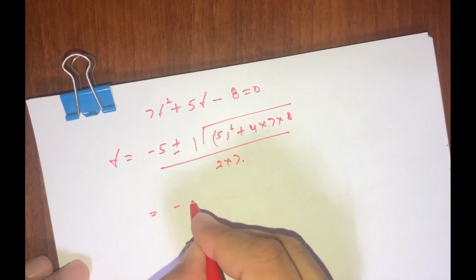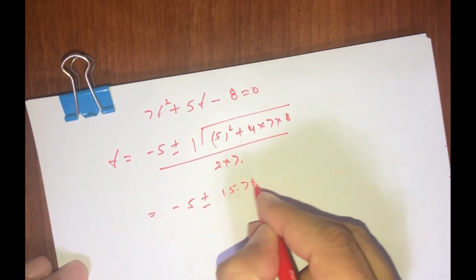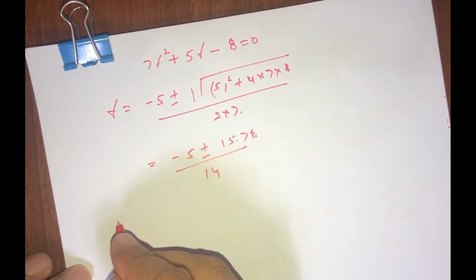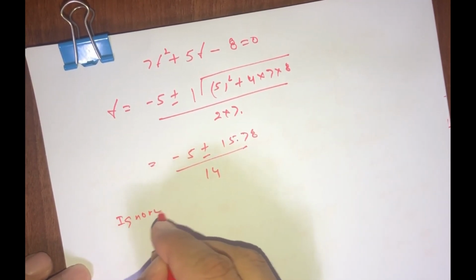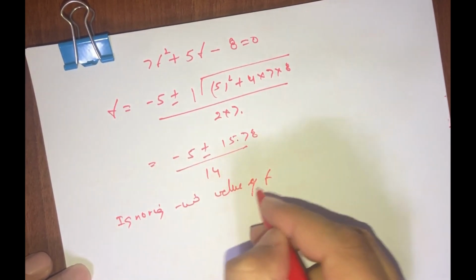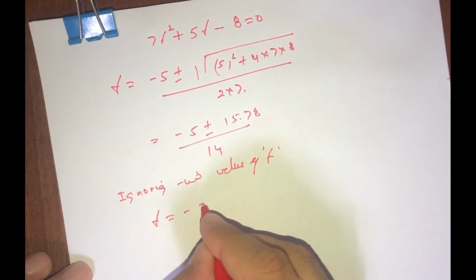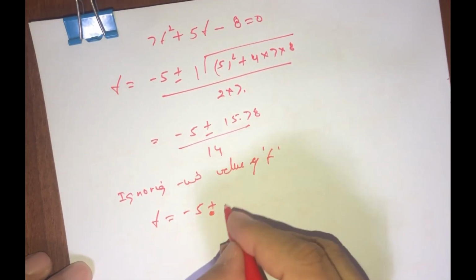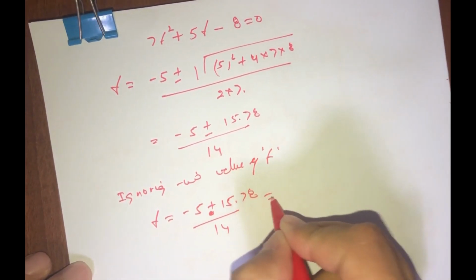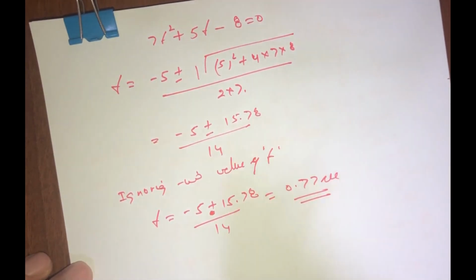This will be coming as minus 5 plus minus 15.78 divided by 14. So ignoring the negative value of t, we get t is equal to minus 5 plus 15.78 divided by 14. This will be coming as 0.77 seconds.